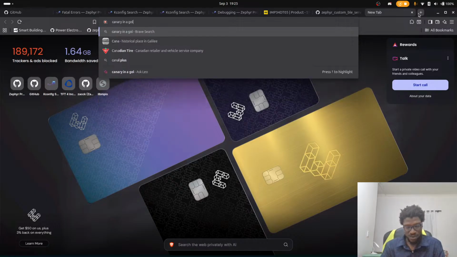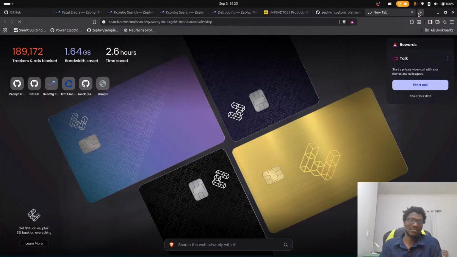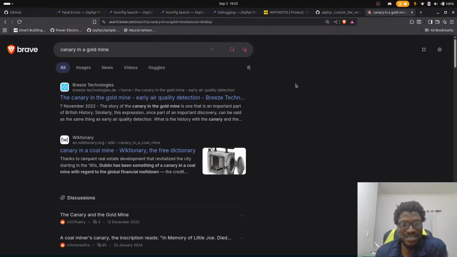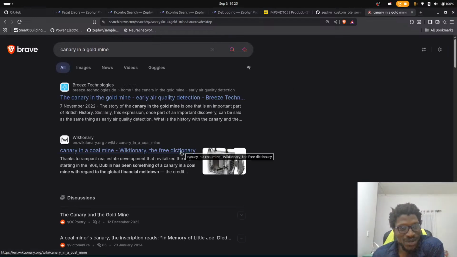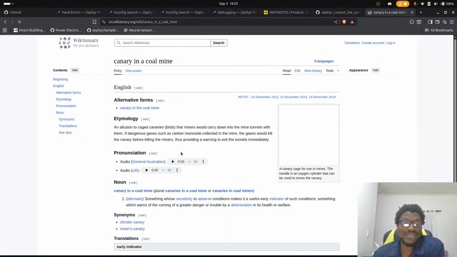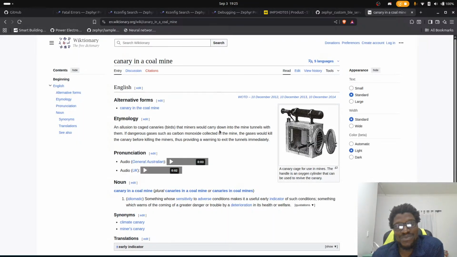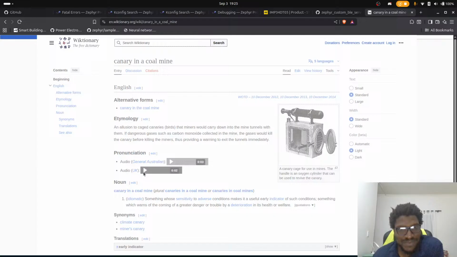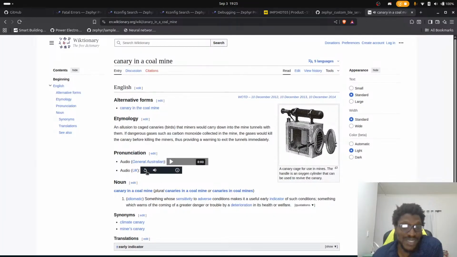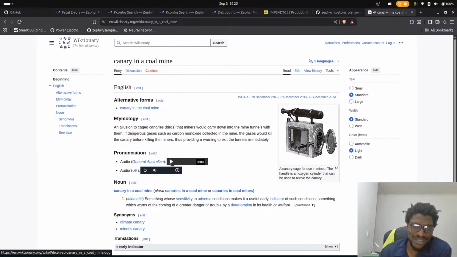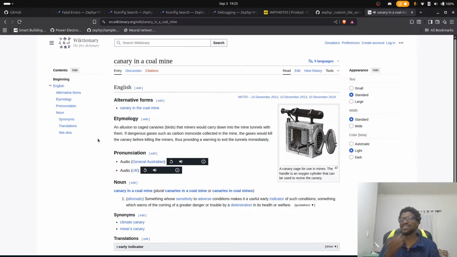It's a little yellow bird. It doesn't even matter. In a coal mine. Okay, cool. Let's see how they say it. Canary in a coal mine. It's cool. You can say it anyways.